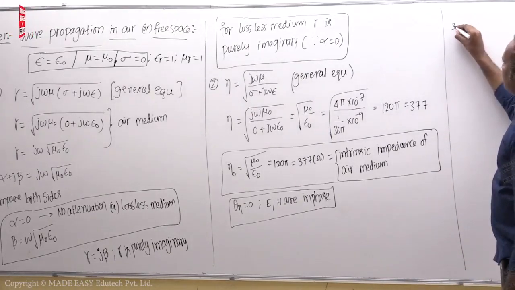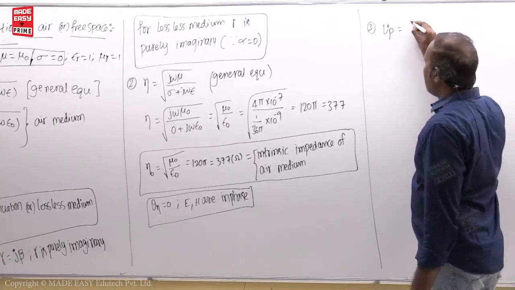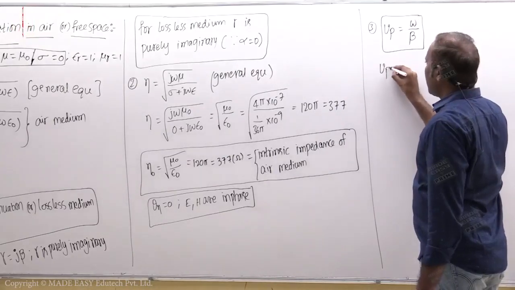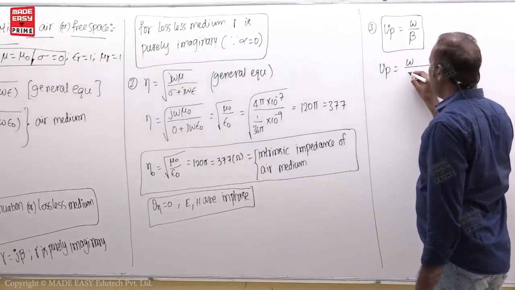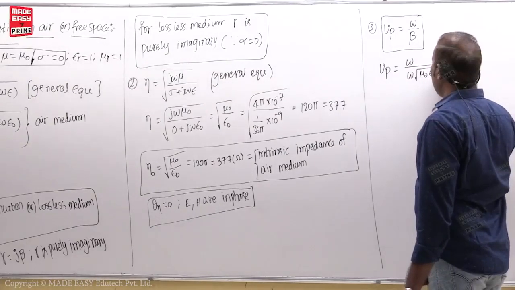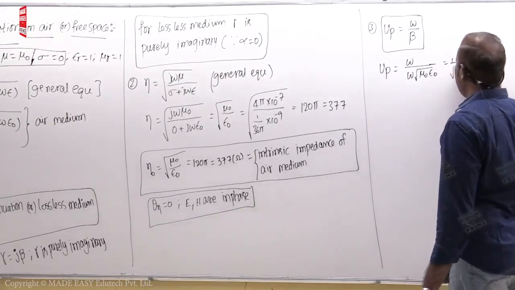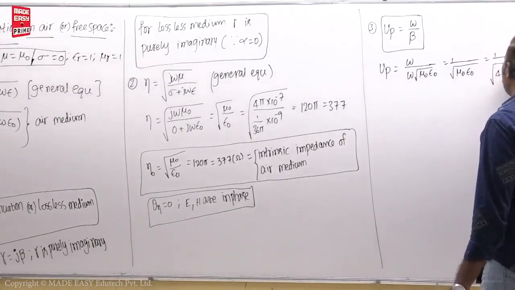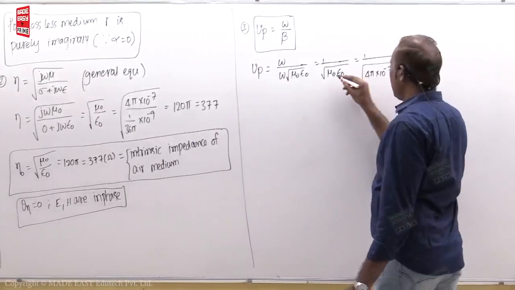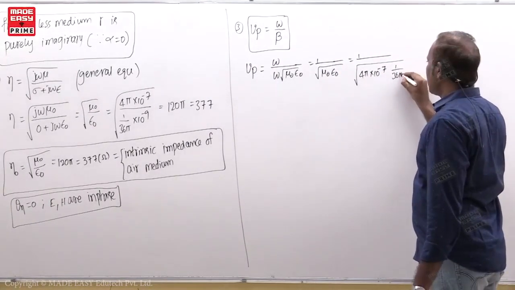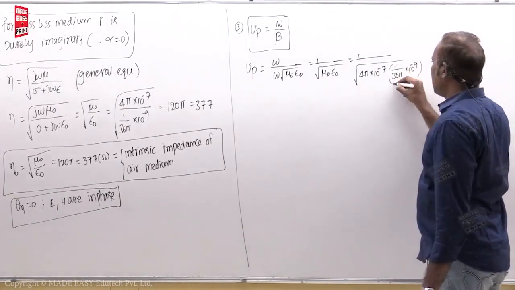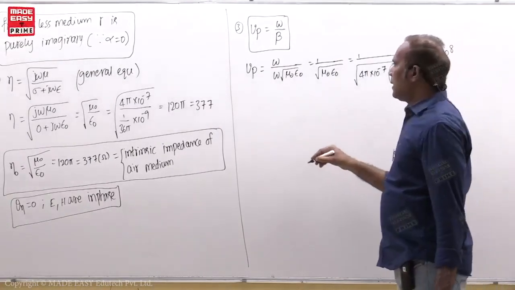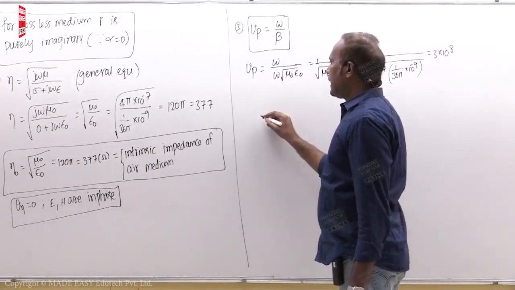Now, what happens to the phase velocity we have to see. Third one, phase velocity. The general formula is omega by beta. Now, this phase velocity for air medium, beta is omega root mu naught epsilon naught, so it is equal to 1 by root mu naught epsilon naught, where mu naught is 4 pi into 10 to the power minus 7, and epsilon naught is 1 by 36 pi into 10 to the power minus 9. You get 3 into 10 to the power 8. So ultimately, dear students, this is called c here.